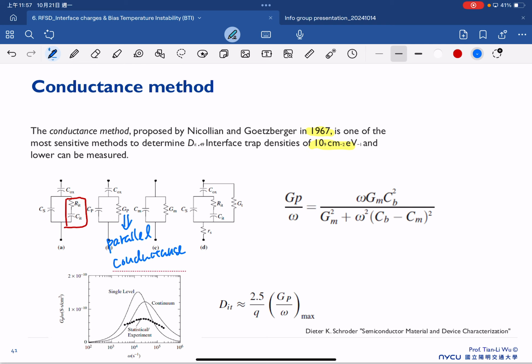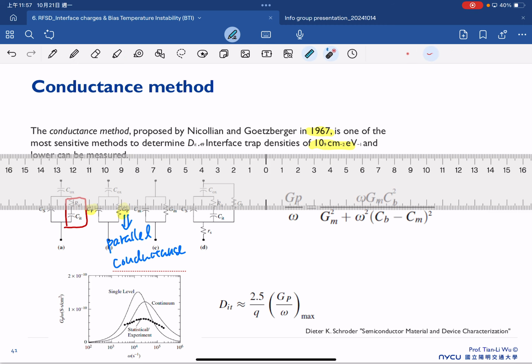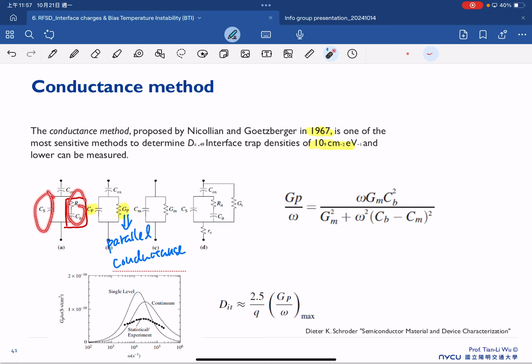So the first step is we propose to use parallel capacitance and parallel conductance to model this and this. But in reality, if you do the CV measurement, you will not be able to distinguish this and this, because you only measure the electrical signal from the top.